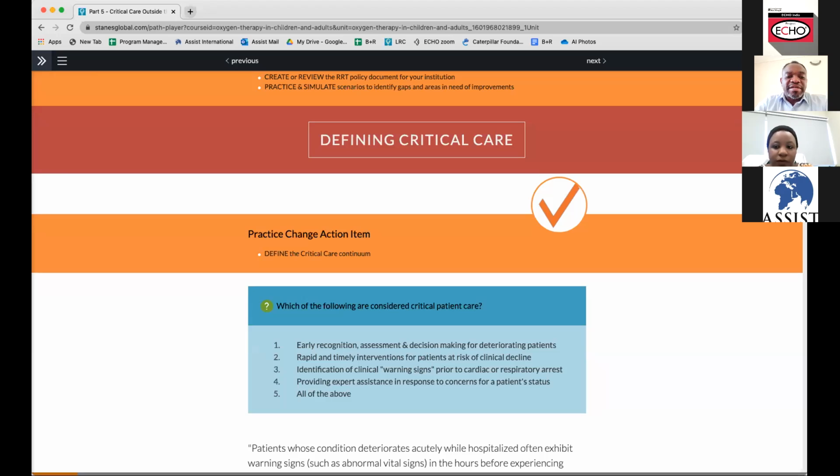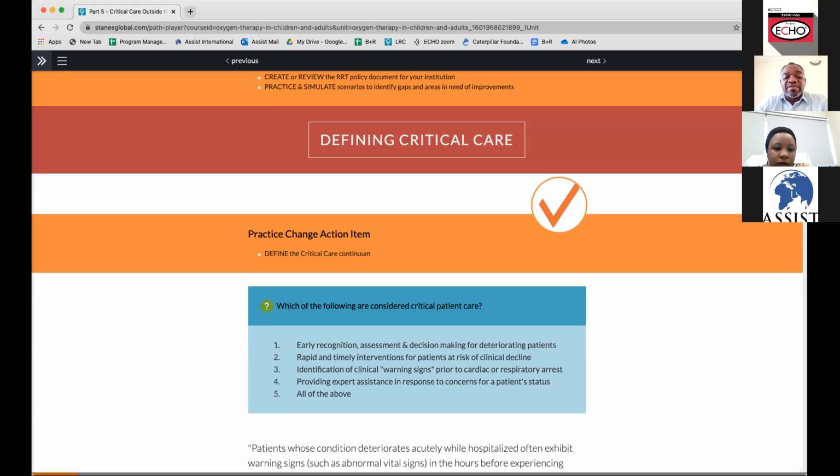As you can read it, the question is, which of the following are considered critical patient care? 1, early recognition, assessment, and decision-making for deteriorating patients. 2, rapid and timely intervention for patients at risk of clinical decline. 3, identification of clinical warning signs prior to cardiac or respiratory arrest. 4, providing expert assistance in response to concern for a patient's status.